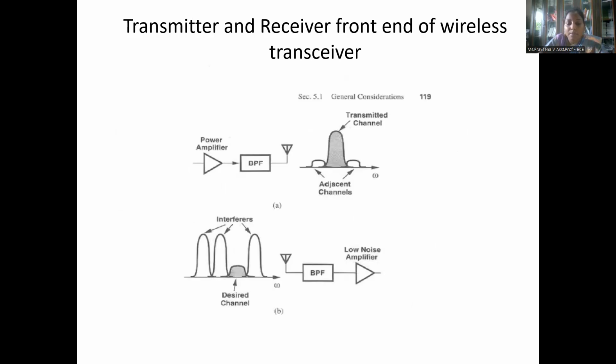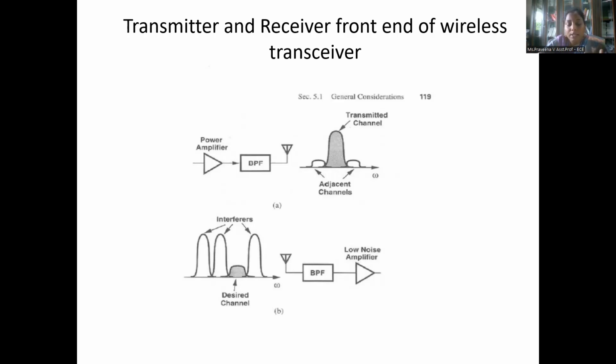So this is a diagram. On the transmitter side, the power amplifier will boost the signal, and the band pass filter removes unwanted noise and reduces adjacent channel interference before the antenna transmits the signal.